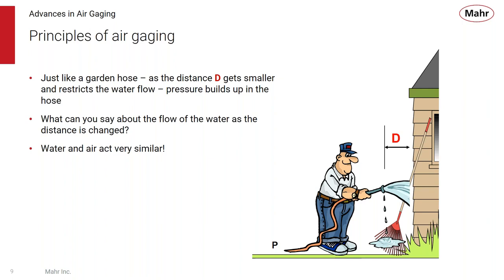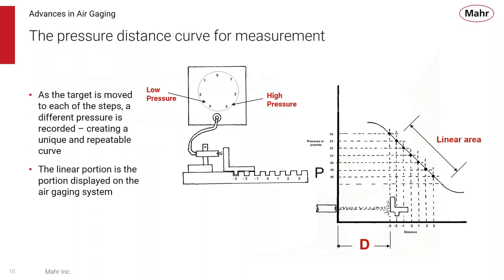So things are related, and you can create a pressure distance curve with water, but you can also do the same thing with air, because water and air act very similar. If you took an air jet, for example, put a restriction in front of it like we have here, and plotted a curve of distance versus the pressure, you would get a pressure distance curve.